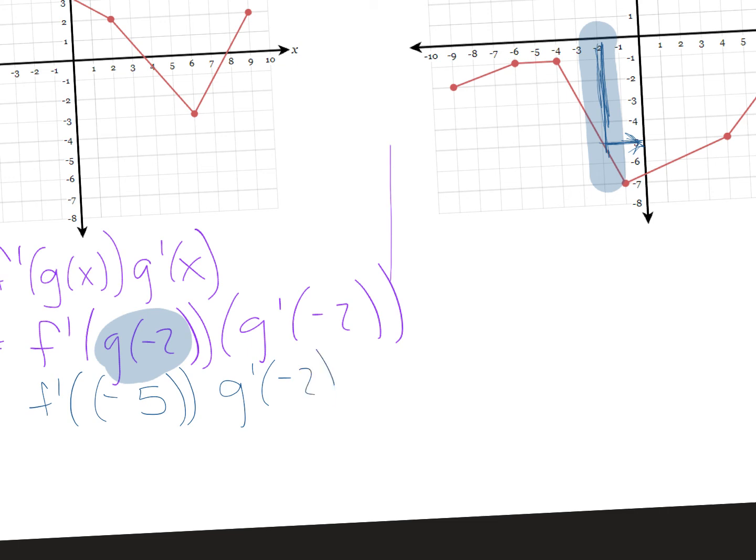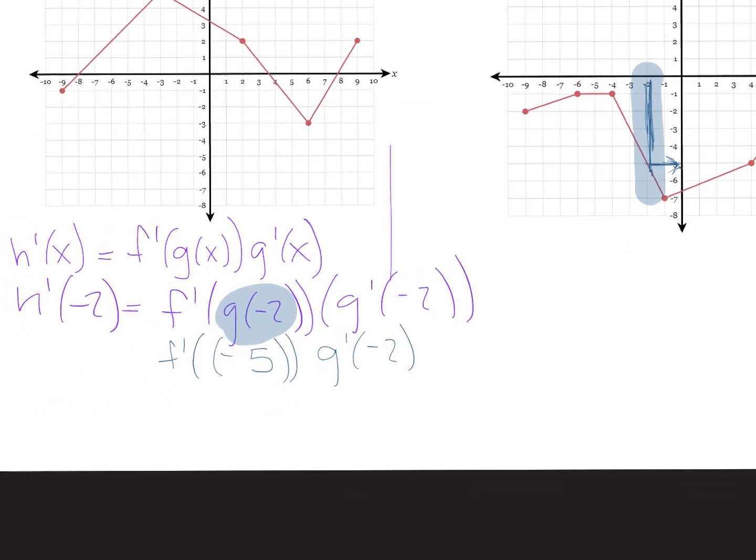What I don't know, based on these pictures, is that I don't have a graph of f prime of x or g prime of x. But what I do remember is that f prime of x and g prime of x are about slope. So let's take a look at those locations and see if we can figure out what the slope is. I'm going to use a highlighter. This is saying I want the slope of the f function at negative 5. Here's negative 5, and that slope is 1. So I'm going to put a 1 in there.